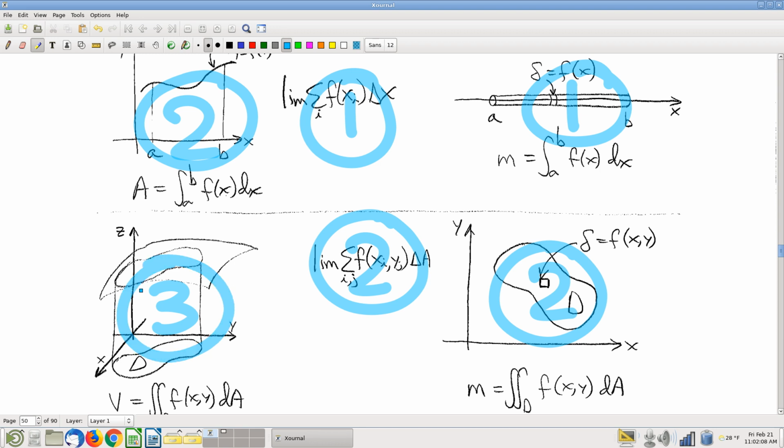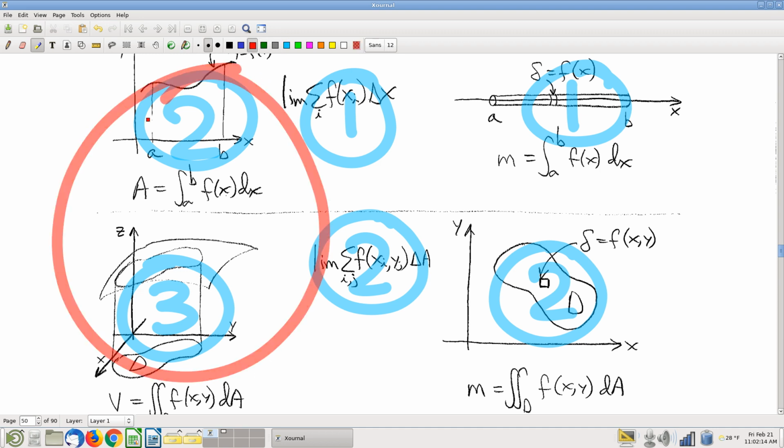Now, pros and cons. A big pro of this point of view is that we're using an extra dimension. We've got an extra dimension that we can see. Right? I can see what this integrand is. This integrand is height. I can see it on the picture. I can't see density on this picture.